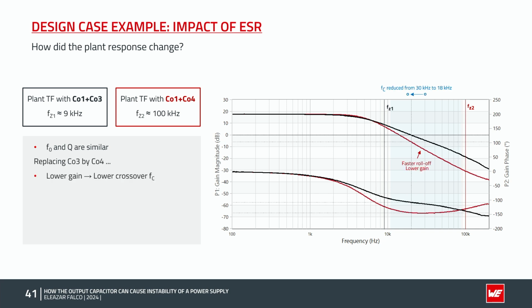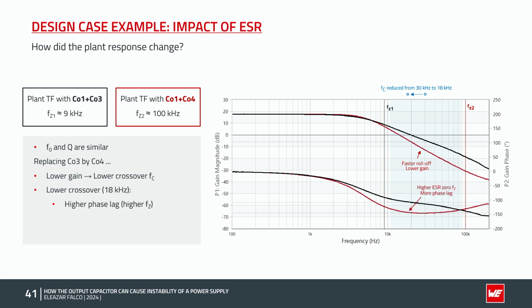After replacing CO3 with CO4, the faster roll-off of the magnitude curve causes a lower gain above 10 kHz, which for the fixed compensator circuit means that the crossover frequency will shift down. And this is exactly what we found, as it moved from 30 kHz down to around 18 kHz.